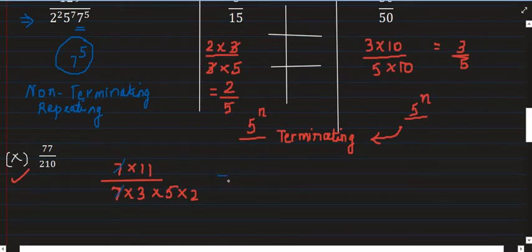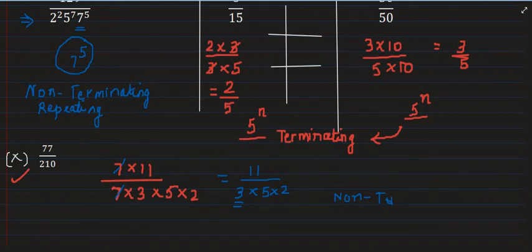We are left with 11 by 3 into 5 into 2. Here the denominator also has 3, so it will be a non-terminating repeating decimal expansion.